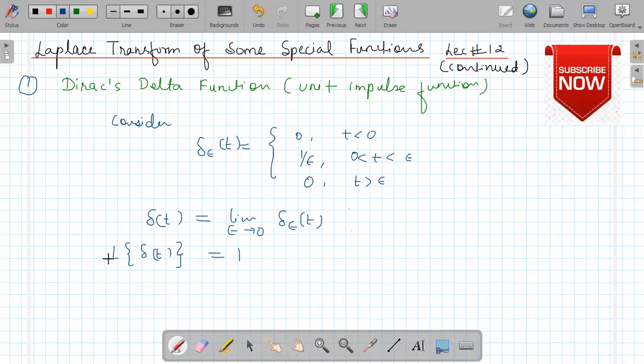This means the Laplace transform of delta t will be the limit of the Laplace of delta epsilon t. So how to find the Laplace transform of delta epsilon t? We'll see it in this video lecture.